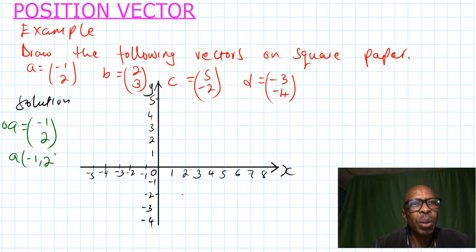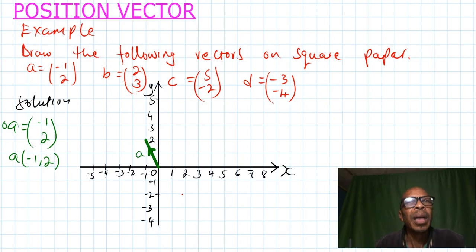So we identify (-1, 2), it is there, and we join the point. So this is our A. Let me use a thicker line, and you put direction. So that is our vector A.